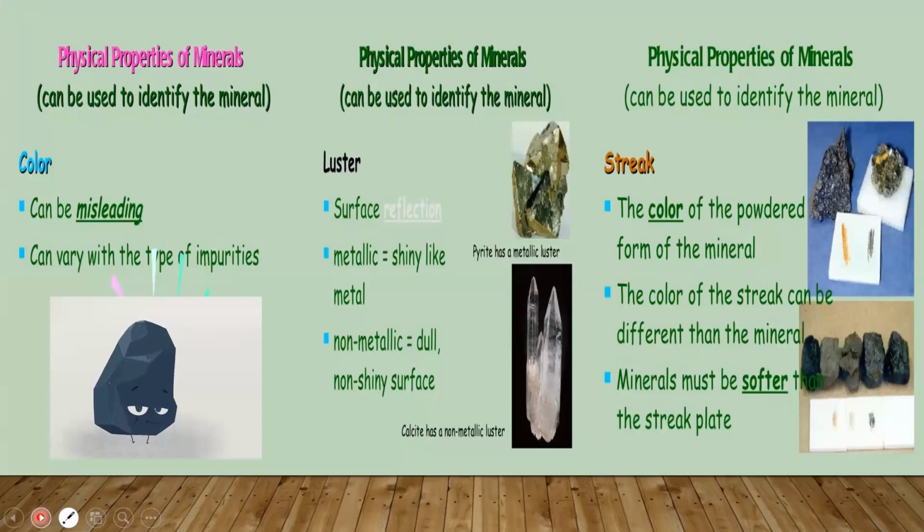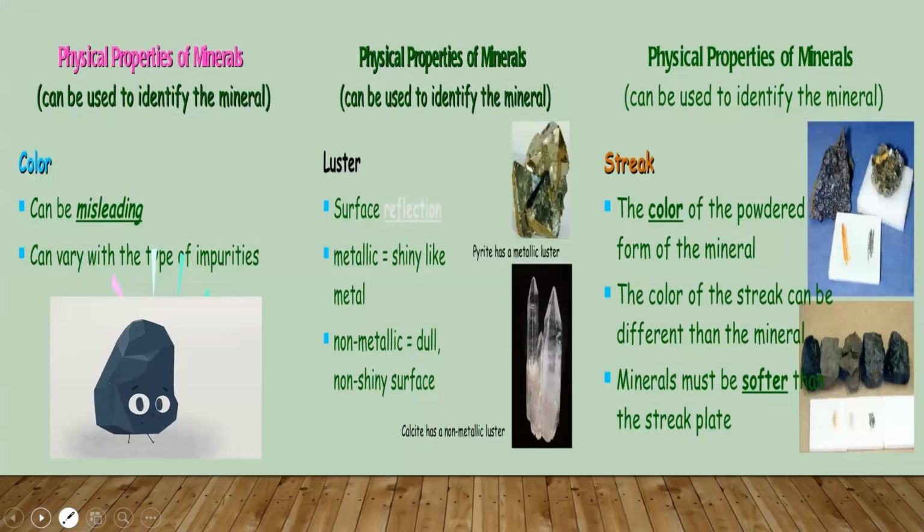What are the physical properties of minerals? How can they be identified? Color can be misleading, since color may vary with the impurities and the type of impurities present in the mineral.